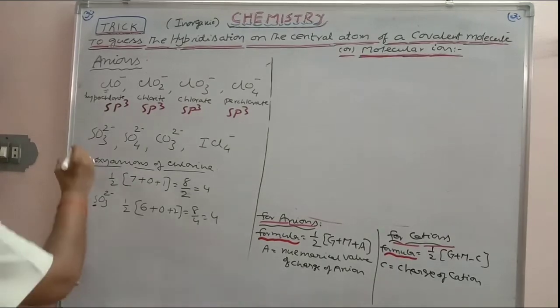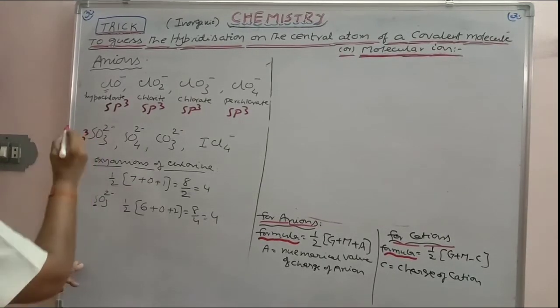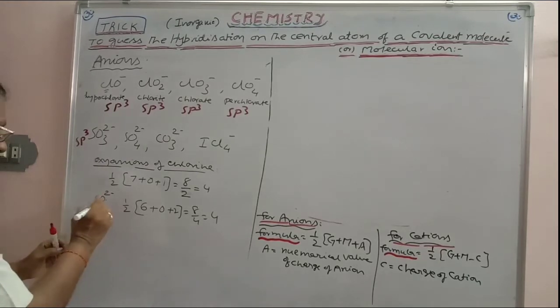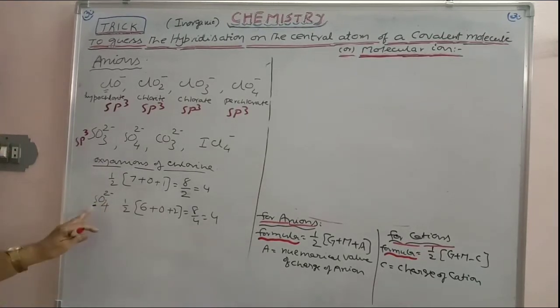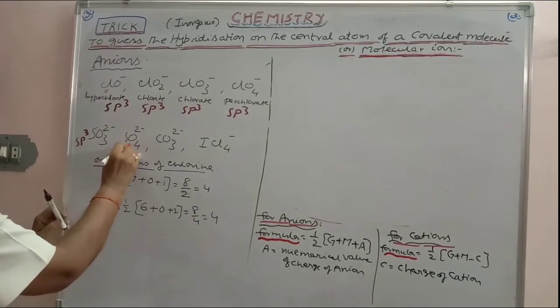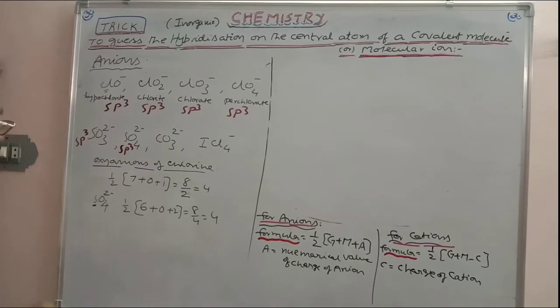That's all. So here this is undergoing sp3 once again. Even you can take SO4 2-. Central atom is sulfur, 6th group, oxygen not monovalent. So number of monovalent atoms is equal to 0, charge is equal to 2, 6 plus 2, 8 by 2, 4. Once again, in the case of SO4 2-, it is also undergoing the same hybridization as SO3 2-.